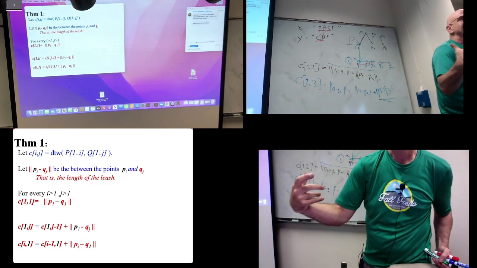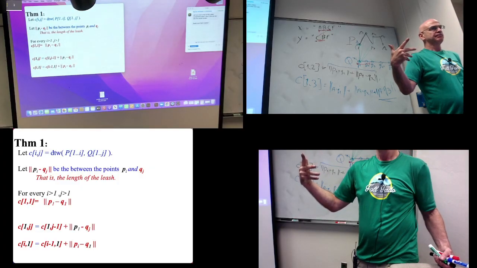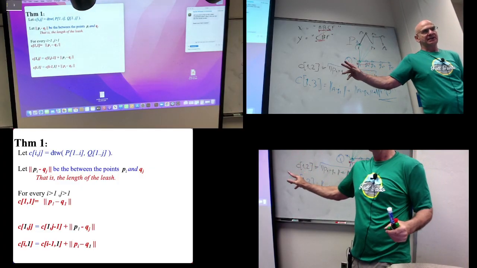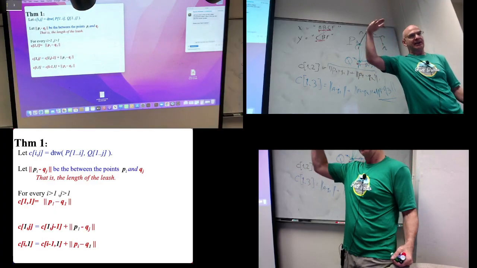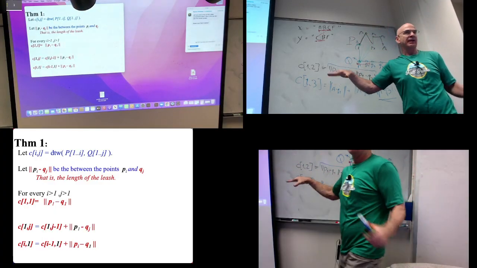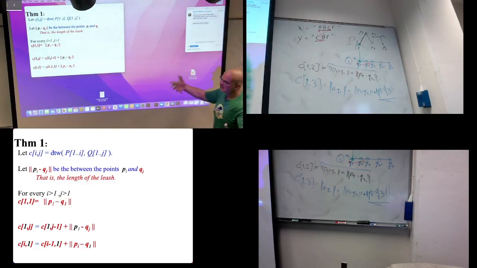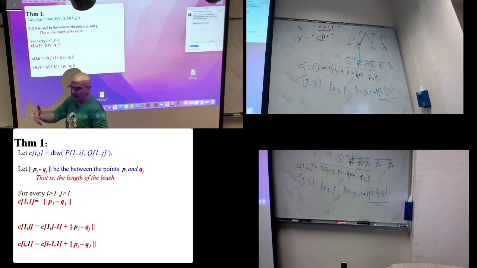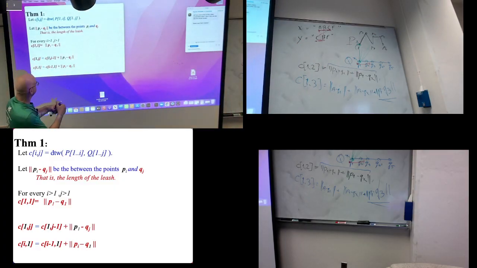I'm going to build an array. Again, assuming that you understood LCS and edit distance, I'm going to fill a two-dimensional array using dynamic programming.